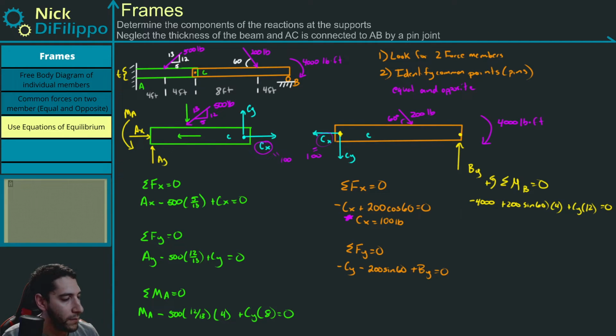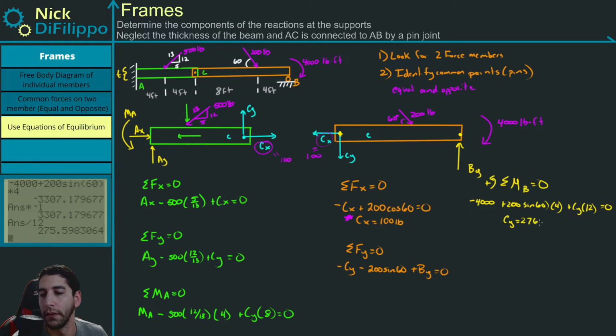So minus 4,000 plus 200 sine of 60 times 4, bring it to the other side of the equation, divided by 12, and we get CY is equal to 276 pounds.